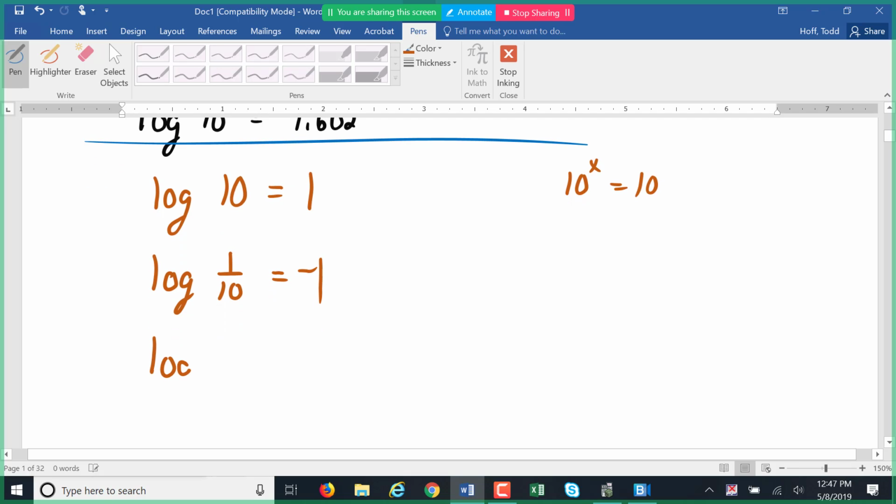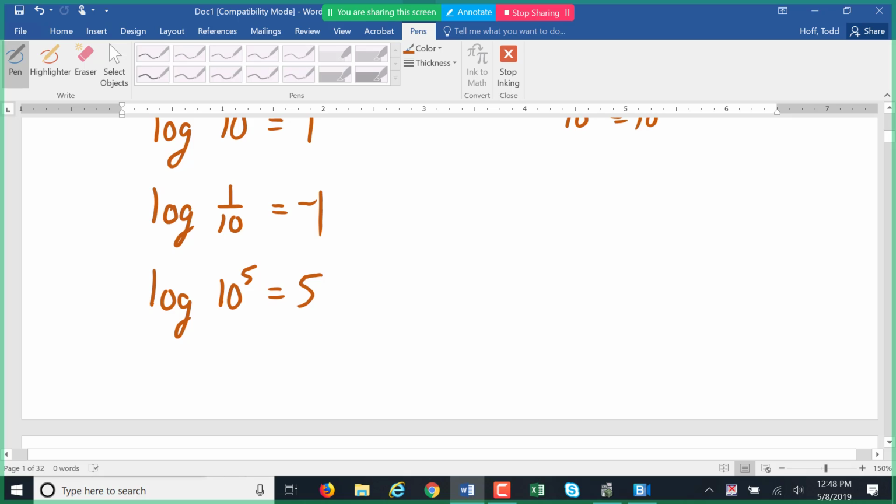How about log of 10 to the 5th? It's going to be 5, exactly. Log of the 4th root of 10.